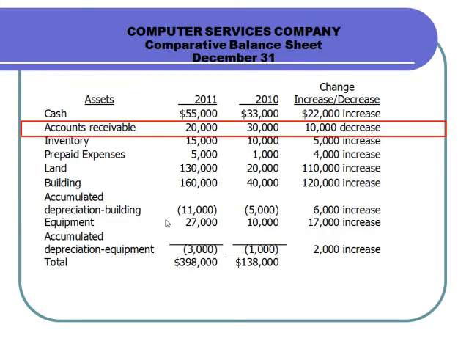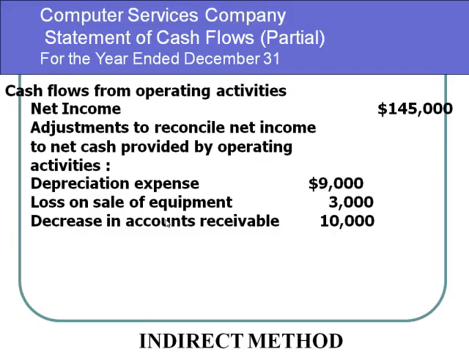So that added cash. So we're going to add that $10,000 decrease back to the cash flow report. The journal entry, if that were your only transaction all year long, you would have debited cash and credited accounts receivable. And that doesn't show up on the income statement anywhere, but we want to account for it in our cash flow. So there it is. When accounts receivable goes down, that means you collected money, you got cash.